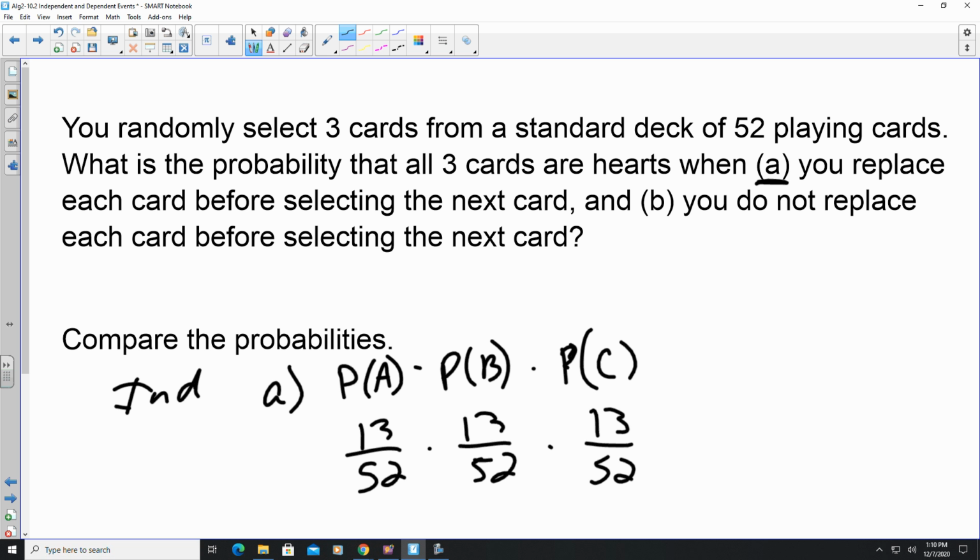So you're just going to multiply all of these together. When you do that, you get 2,197 on the top and 140,608 on the bottom. It gets reduced to 1 out of 64, which is about 1.56%.